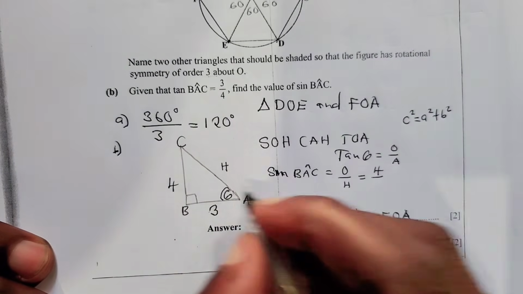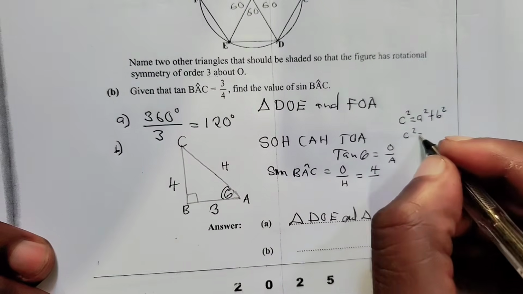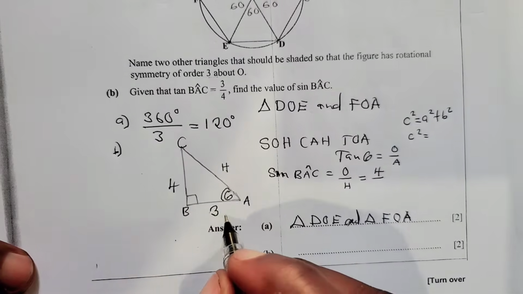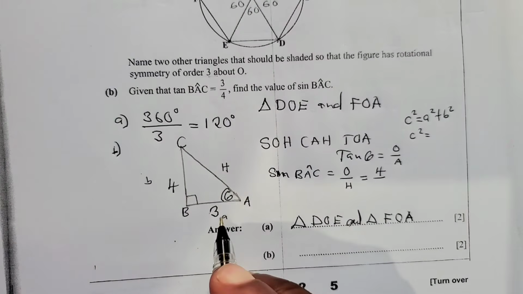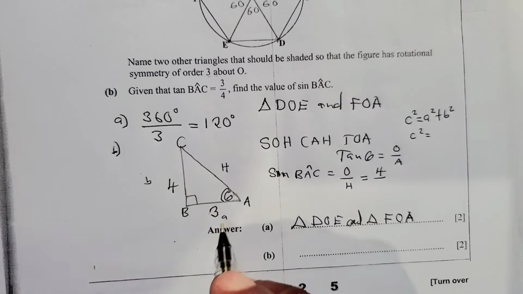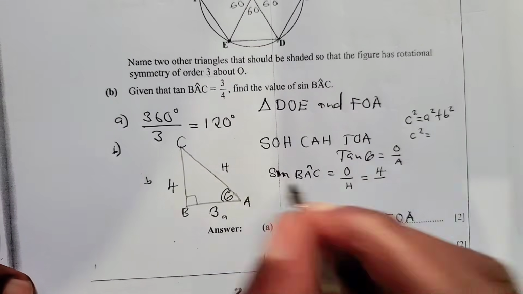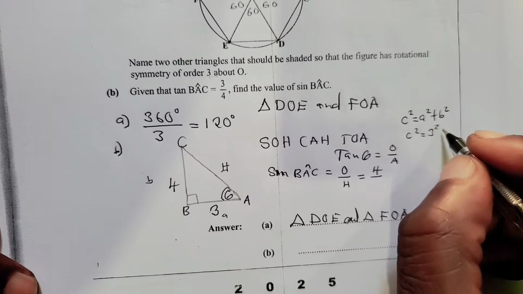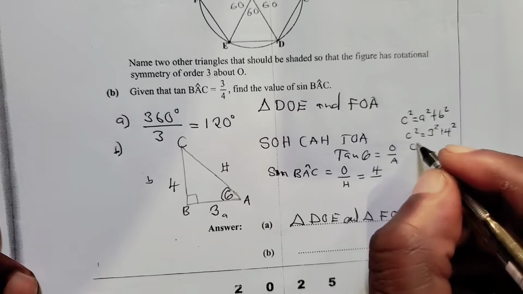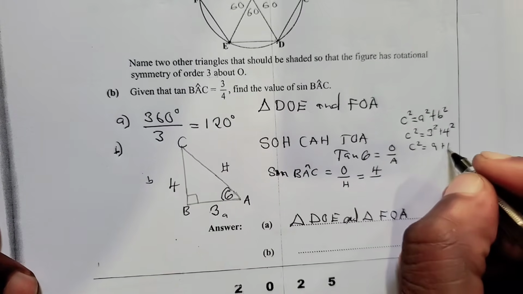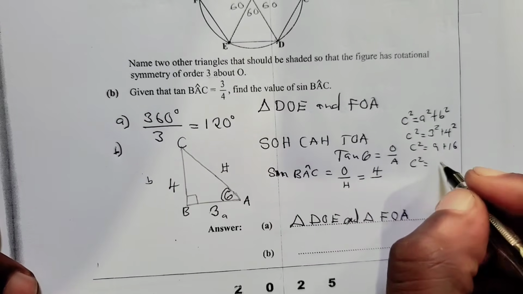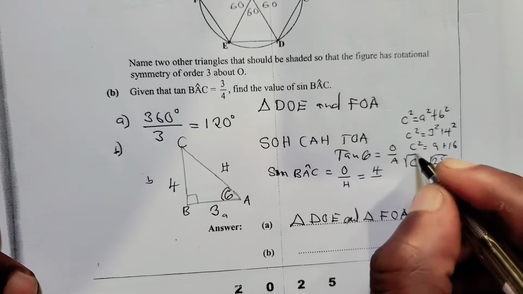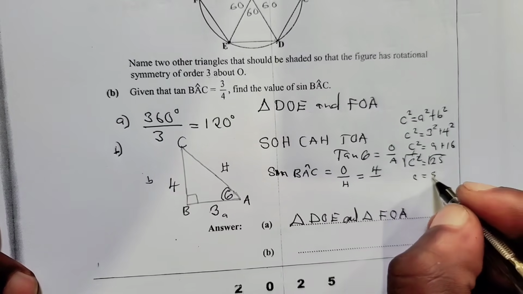So c squared is equal to 3 squared plus 4 squared, which is 9 plus 16, 25. Square root, c is equal to 5.